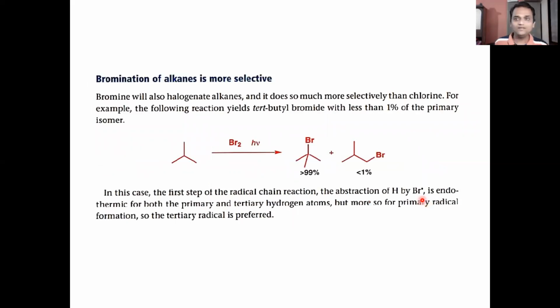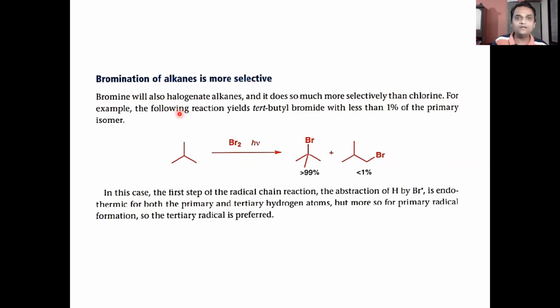Then the second reaction is bromination of alkanes. Now, when we compare the bromination of alkanes with chlorination of alkanes, it is observed that bromination is more selective than chlorination. Bromine will also halogenate alkanes, and it does so much more selectively than chlorine.